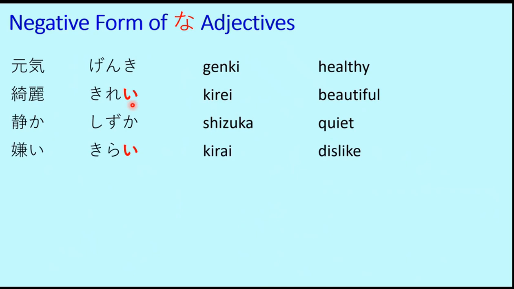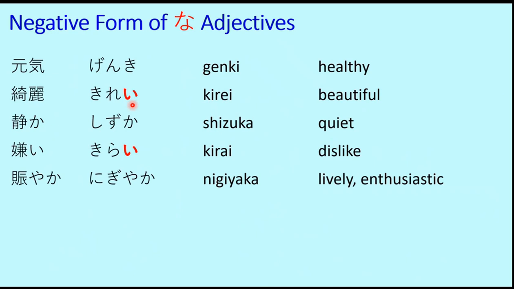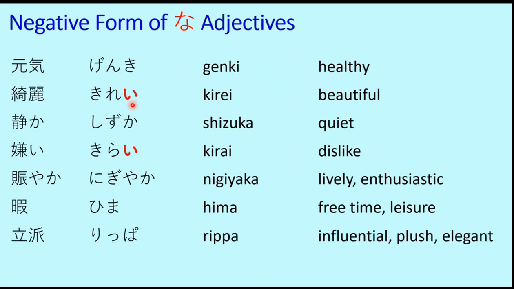Kirai, dislike. Kirai dewa arimasen means I don't dislike. Nigiyaka, lively, enthusiastic. So it becomes nigiyaka dewa nai. It's not lively. Hima, free time or leisure. So hima dewa arimasen or hima dewa nai or hima ja nai means I am not free. Watashi wa hima dewa arimasen or watashi wa hima dewa nai. That means I am not free.